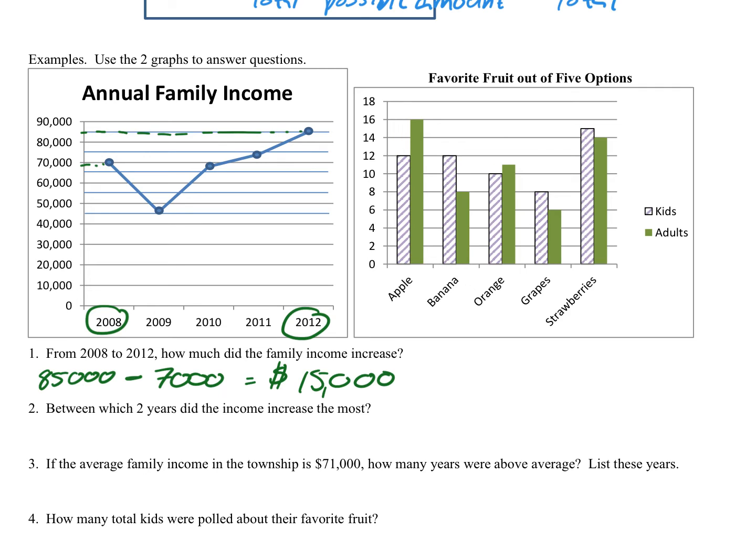Okay. So then we want to see between which 2 years did the income increase the most. For this, we have to look at our graph a little bit, and we have to identify areas of increase. So on our graph here, we are looking for positive slopes.